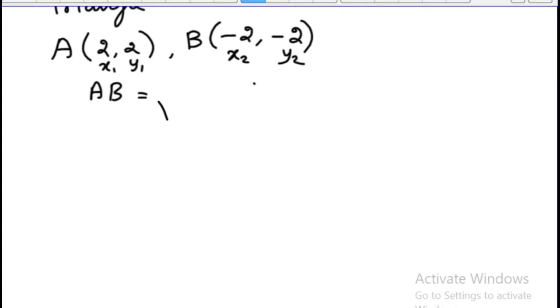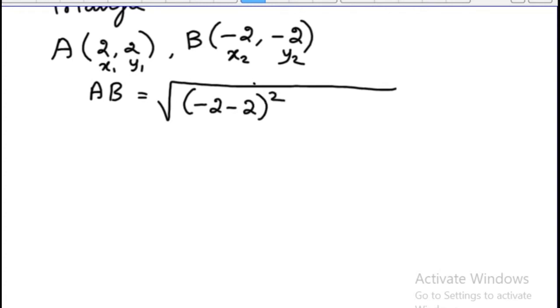Okay, therefore root of (x2 minus x1), that is (-2) whole square. x2 is -2, the formula is minus, then x1 is +2. So (-2 - 2) whole square, then plus (y2 minus y1), y2 is -2 and y1 is 2, whole square.